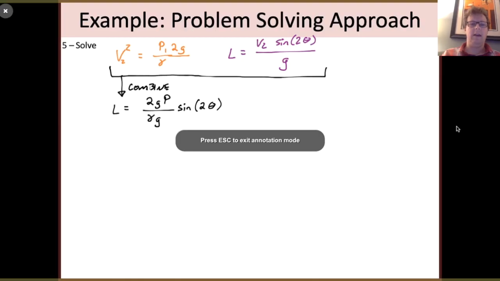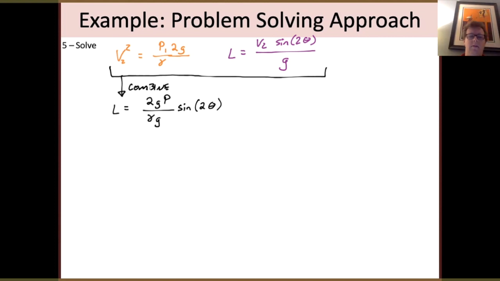So written here in black, we've got our simplification of the problem. So we now have the ability to describe L, the length that water would be squirted, as a function of some constants, 2g, that specific weight gamma, a g again on the bottom that could cancel out, pressure in the tank P, and the sine of 2 times theta, which is the angle that we're aiming the squirt gun from the ground.